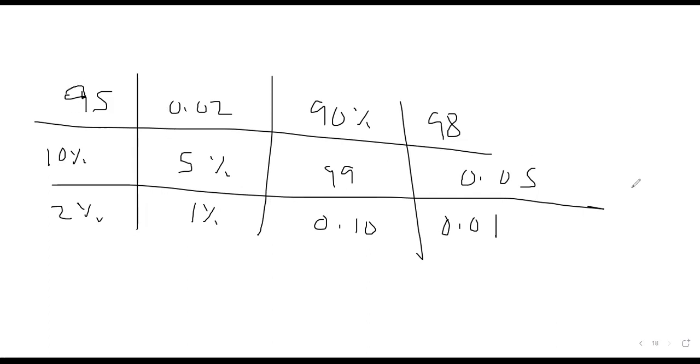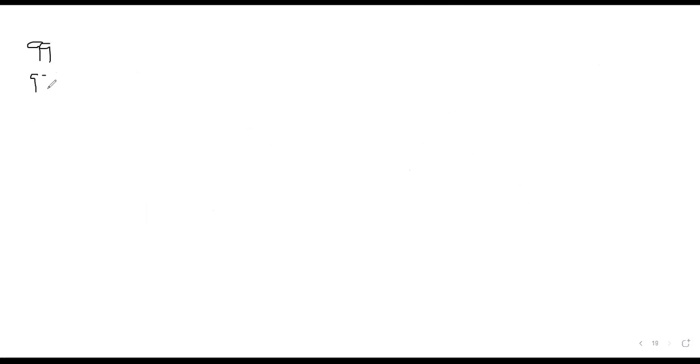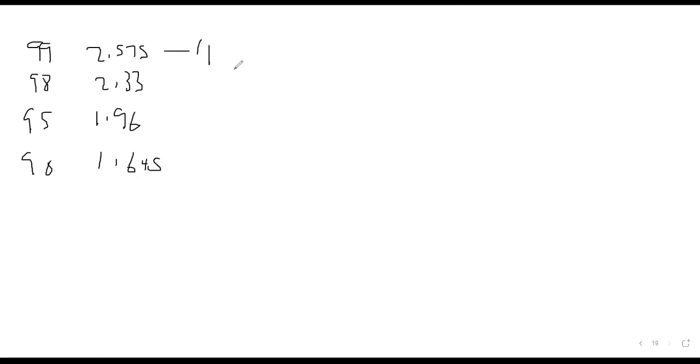Firstly, you need to understand that the order is as follows: 99, then 98, 95, and 90. Then here we have 2.575, then 2.33, then 1.96, and 1.645. If you master this order, then we are good to go, because this is the first one, number 2, number 3, and number 4.